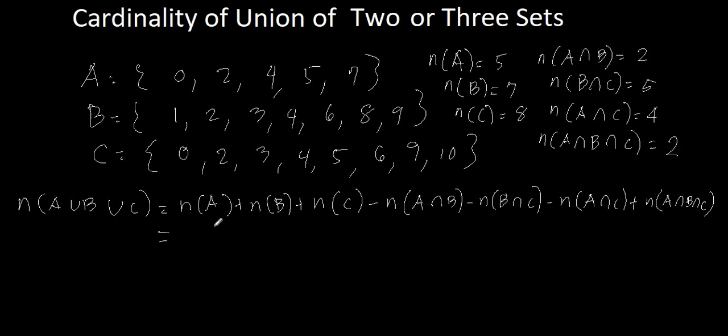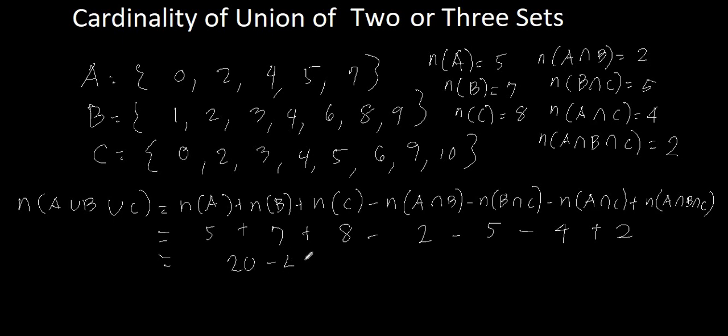So we can now apply the formula. So cardinality of set A is 5 plus set B is 7 plus set C is 8 minus 2 minus 5 minus 4 then plus 2. Okay, let's add. So 5 plus 7 is 12 plus 8 is 20.